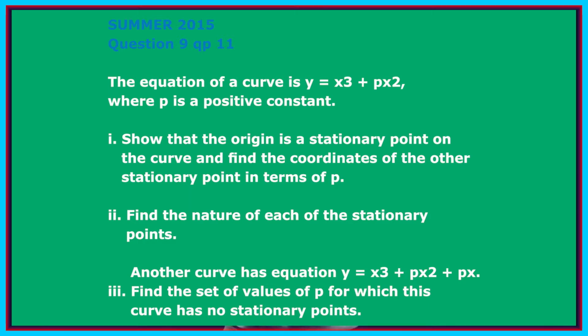I. Show that the origin is a stationary point on the curve, and find the coordinates of the other stationary point in terms of p. II. Find the nature of each of the stationary points. Another curve has equation y equals x cubed plus px squared plus px. III. Find the set of values of p for which this curve has no stationary points.